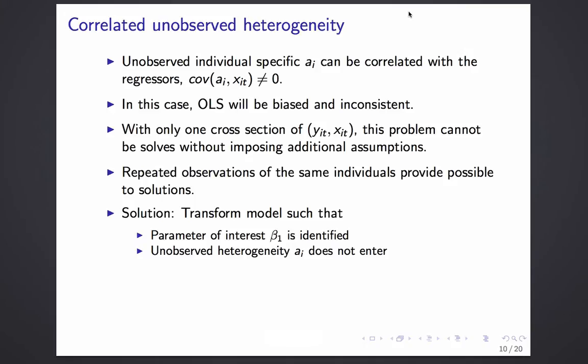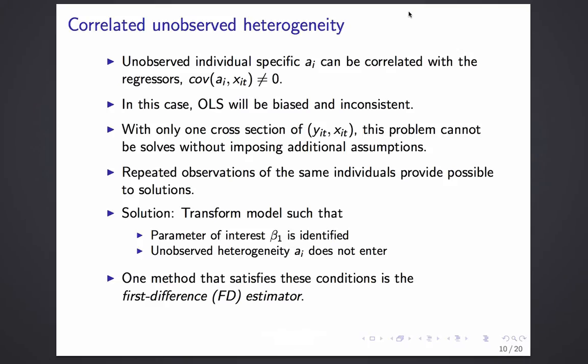As such, we can consistently estimate beta 1. Now there's different ways of achieving this goal, but one popular method is the first difference estimator, or simply just called the FD estimator. So let's have a look at that.